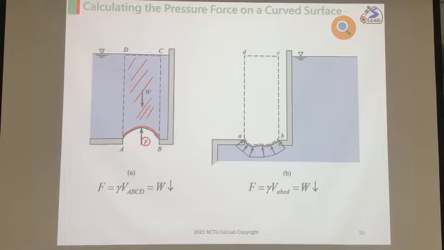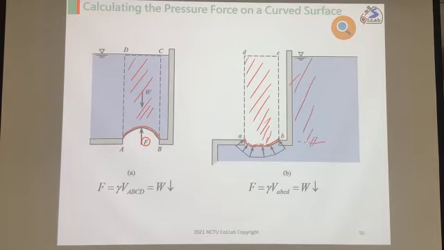So that you can compute what force is required to support these water loadings. But if your curved surface is outside the water, how can you compute the force distribution along this surface? We consider the water loading also, extending inside.